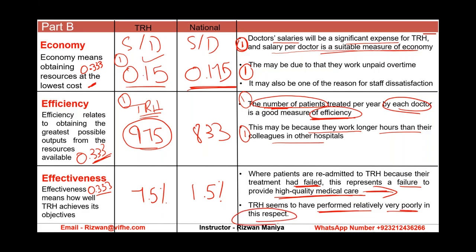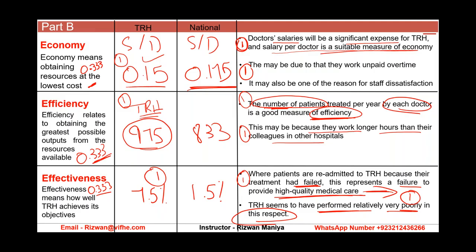Are you getting my point? So 1 mark for calculation, 1 mark for justification, 1 mark for assessment of performance, and this makes 3.33 marks, and we are done here.